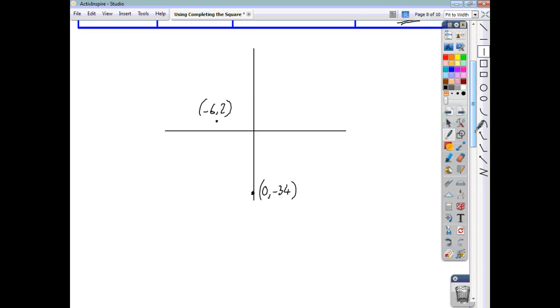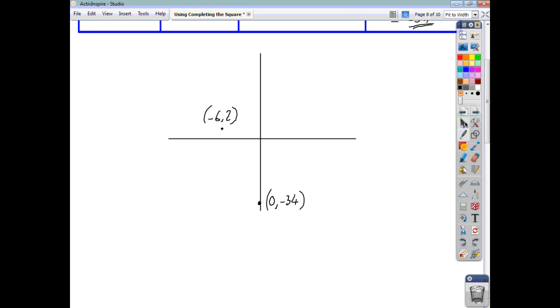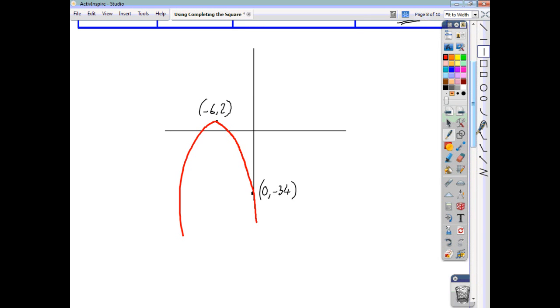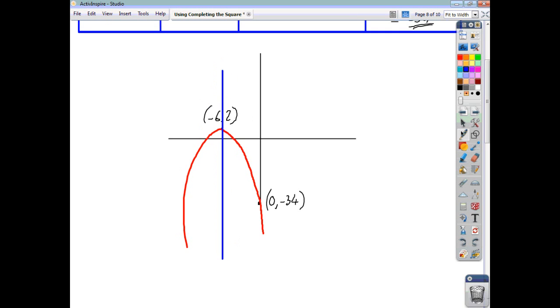Now, you know that it's n-shaped, so your points are all lining up nicely. So we can then just come down like so, and we can add our axis of symmetry, and we can write that its equation would be x equals negative 6.